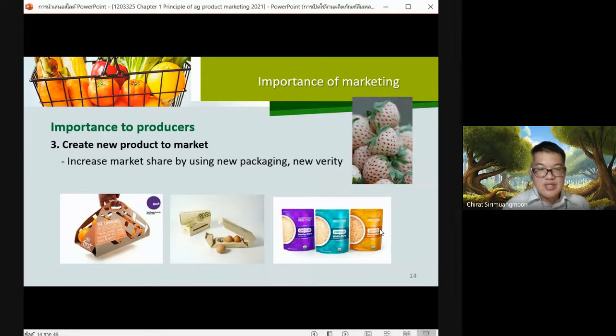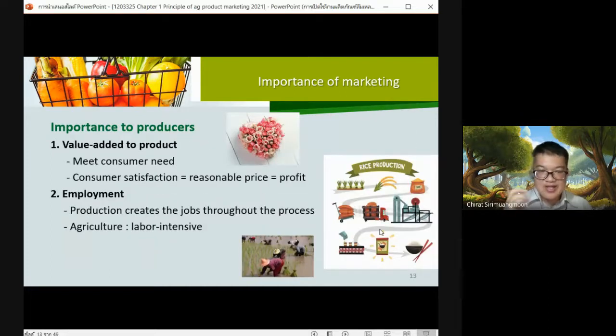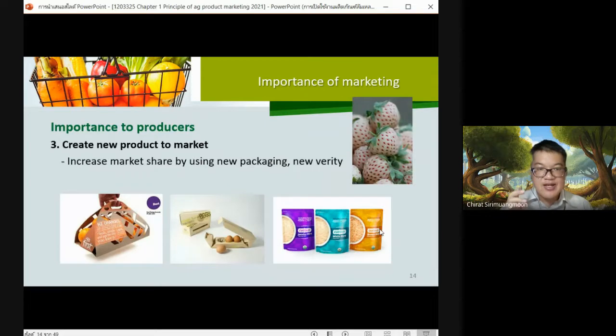Then, not only the value added and the employment, new products or creations will happen too. Like here, if you ever went to the market and grabbed some fruit that you want, in this case an orange, you might see oranges in Thailand packed in a plastic bag.